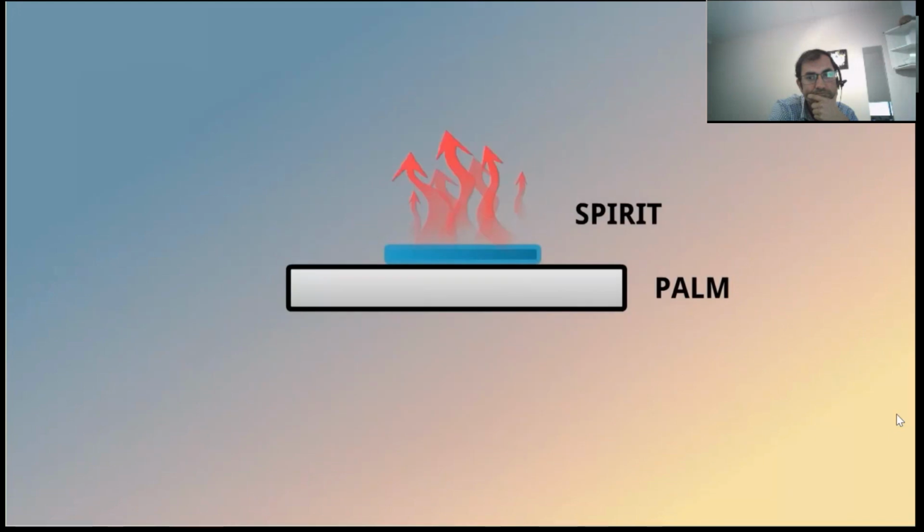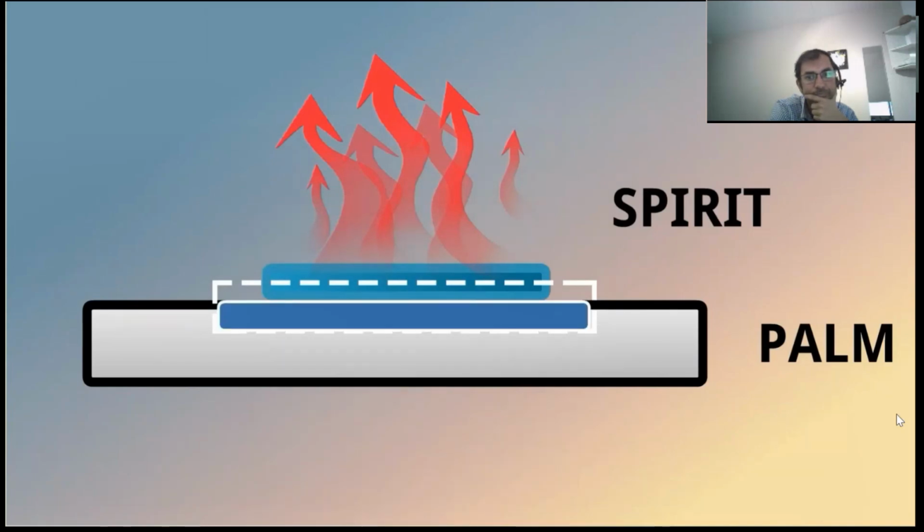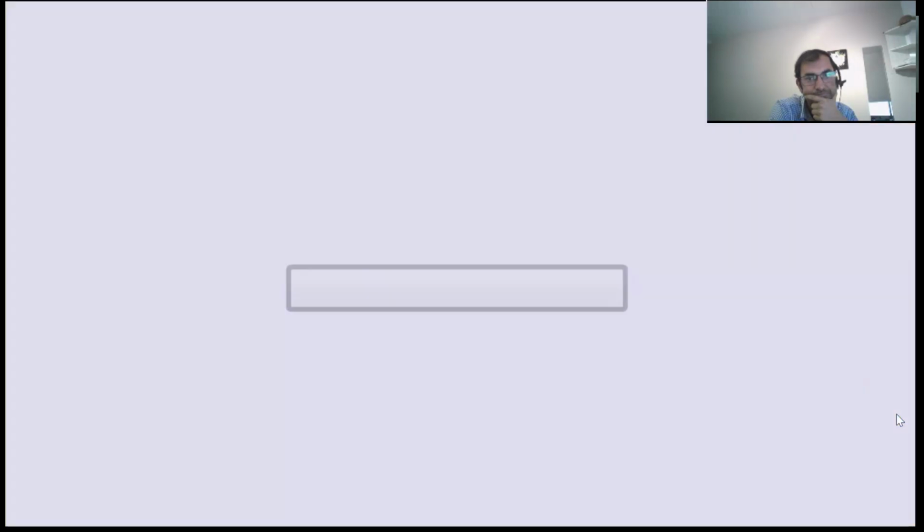Here evaporation happens. This is the contact surface from where the spirit takes the heat for evaporation. So the palm loses heat and gets cold. Now if we consider this portion as air instead of the palm, and here instead of spirit it is refrigerant, let's see what happens. Refrigerant has properties like spirit.